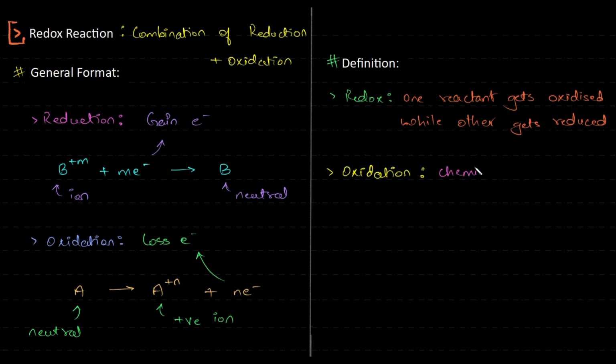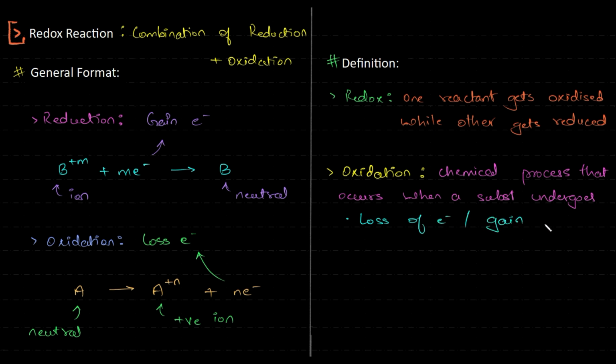It's a chemical process that occurs when a substance undergoes loss of electron or gain of oxygen or loss of hydrogen. All of this results in this particular scenario.